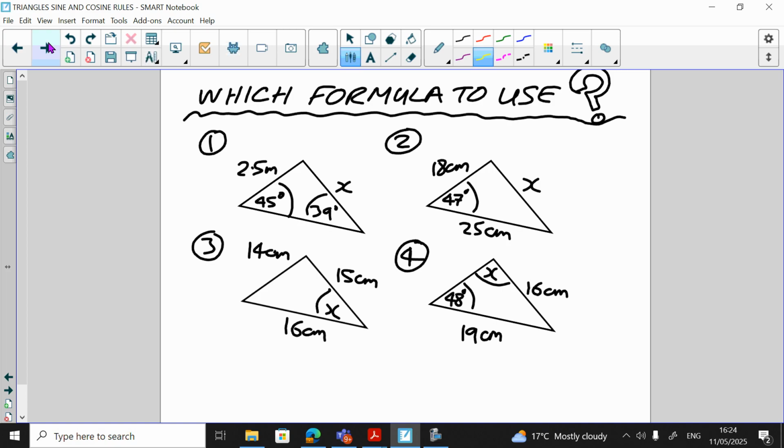You have a little look at them and decide what information do you have in terms of sides and angles. That's what you're really looking for. You've always got 4 pieces of information. So just like the YouTube people, I'll let you have a little think. Or you can always pause it and have a think.